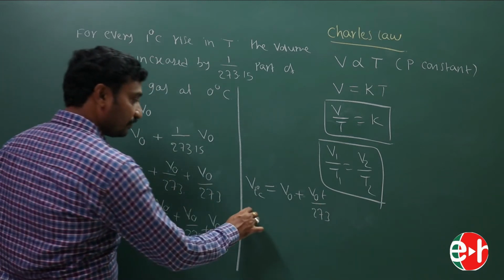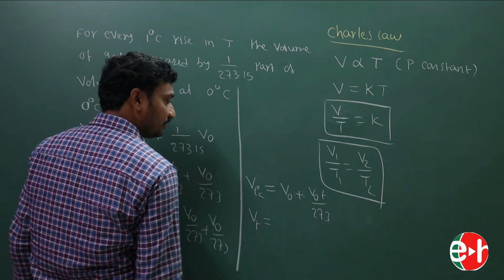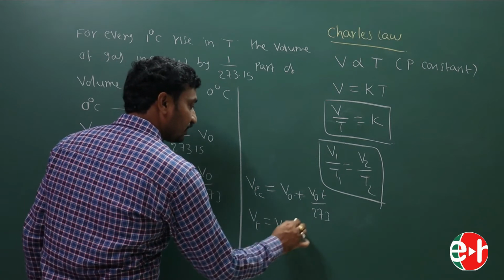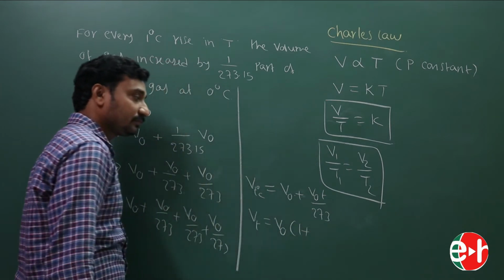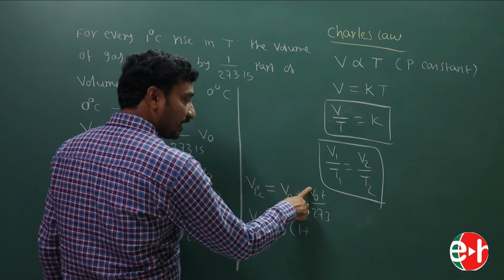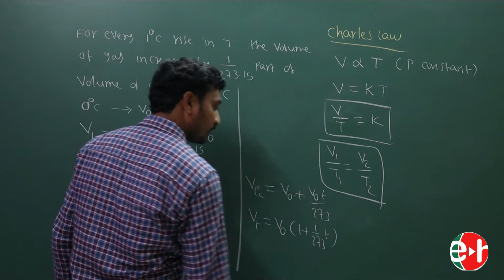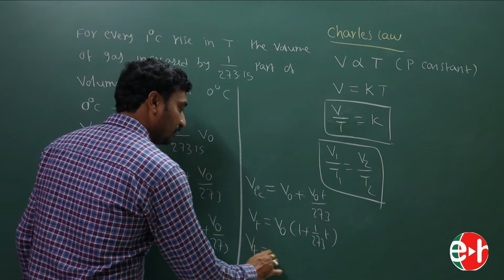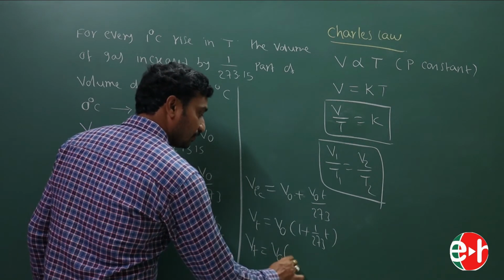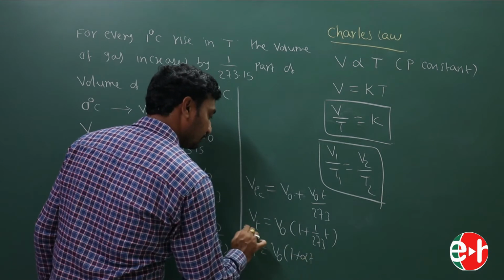So Vt is equal to V0 common, V0 into 1 plus 1 by 273 t, and Vt is equal to V0 into 1 plus alpha t.